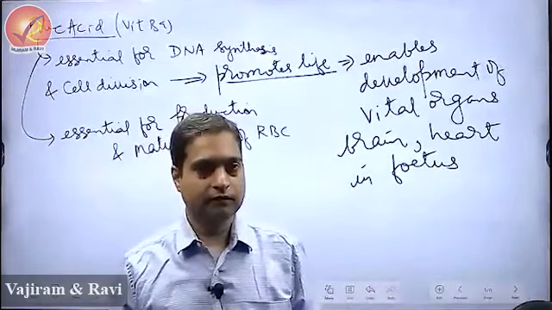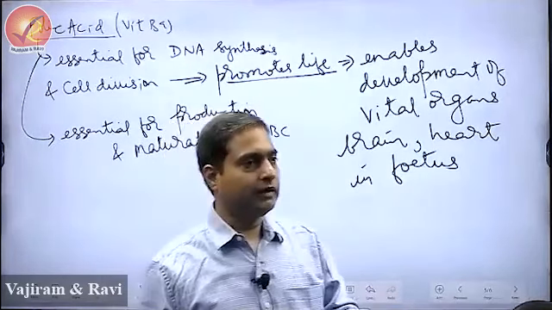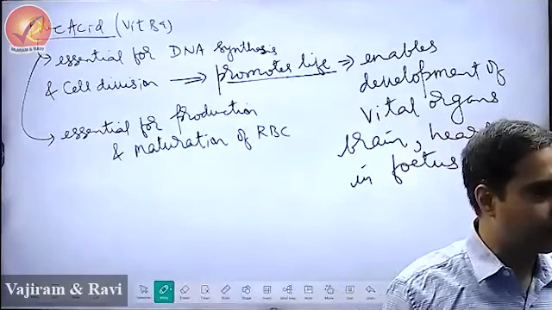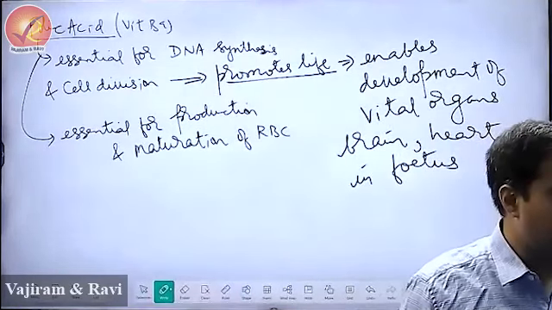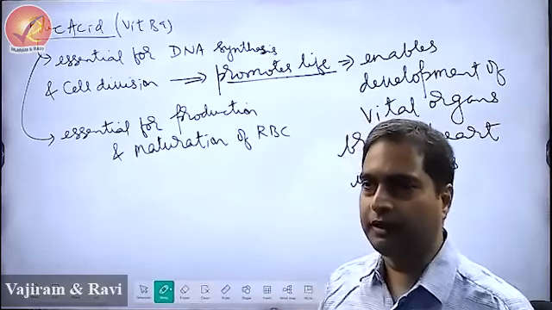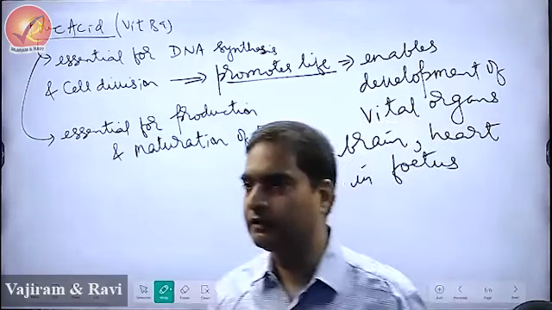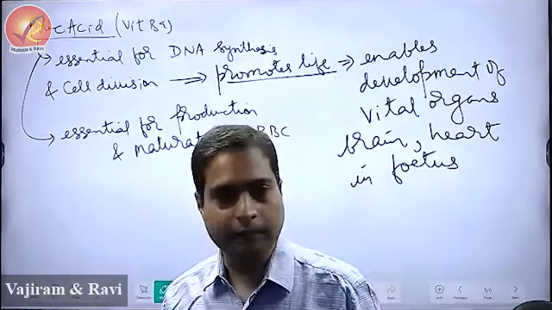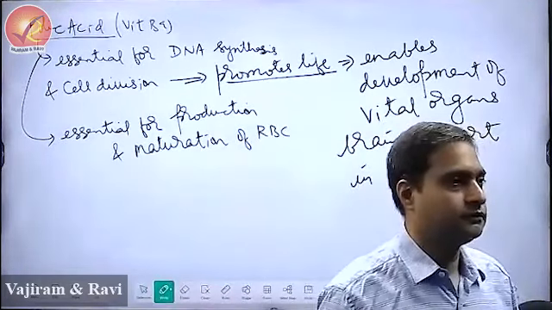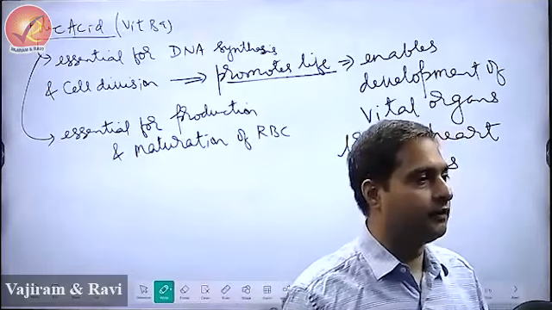Folic acid. So that is the reason why, suppose a pregnant mother has deficiency of folic acid. What will happen? Abnormal development of brain, heart, or hole in the heart. In that case, the child may not survive.